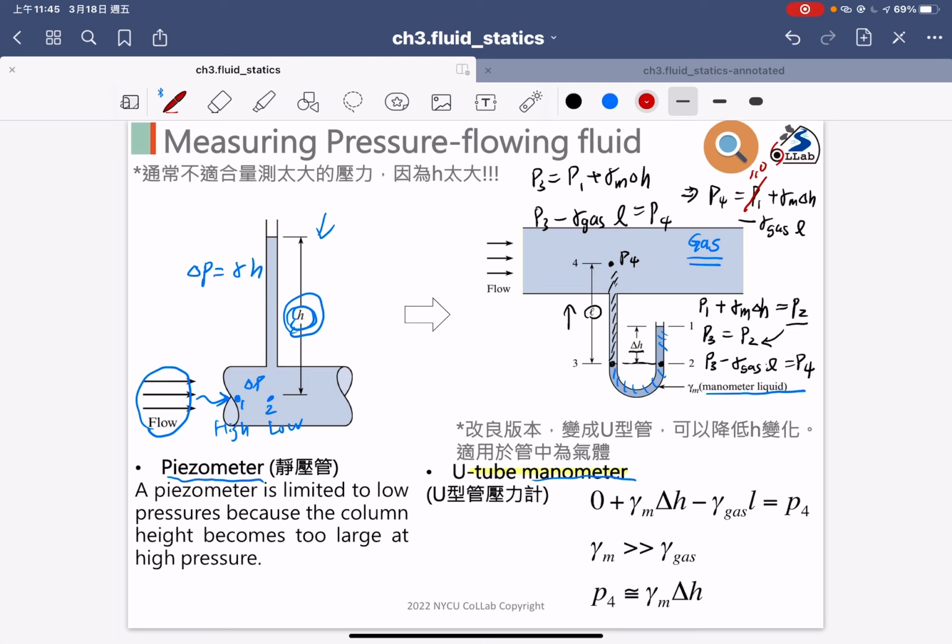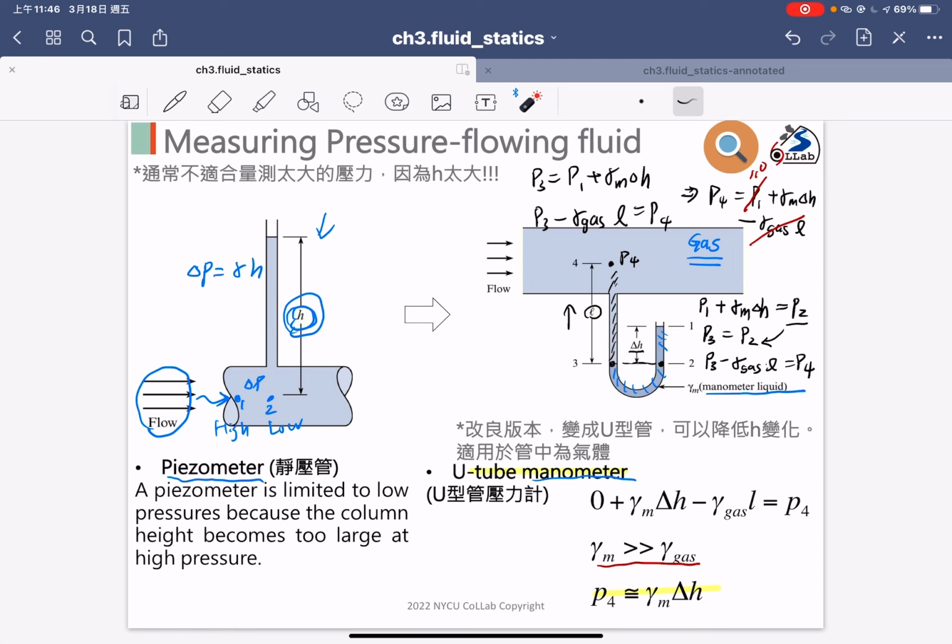And we can link that to the gas effect, because the gamma gas usually is smaller than the mercury gamma, so we also ignore the gamma gas. So the P4 pressure finally is about gamma m multiplied by delta H. So this device can decrease the deflection height because I use the U shape.